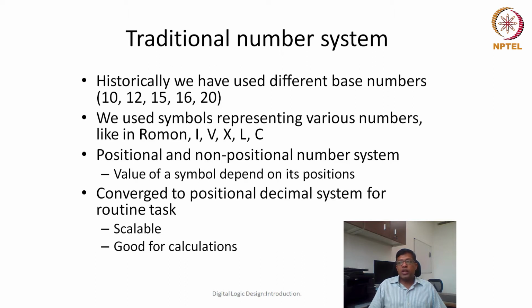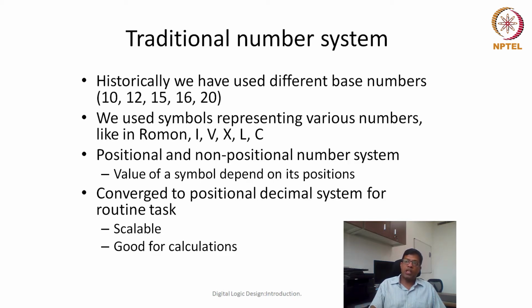So that's why finally we have converged onto a position-based decimal system where the base was 10 and each position carried its own value. Based on this learning from history, we will simply use this position-based system.